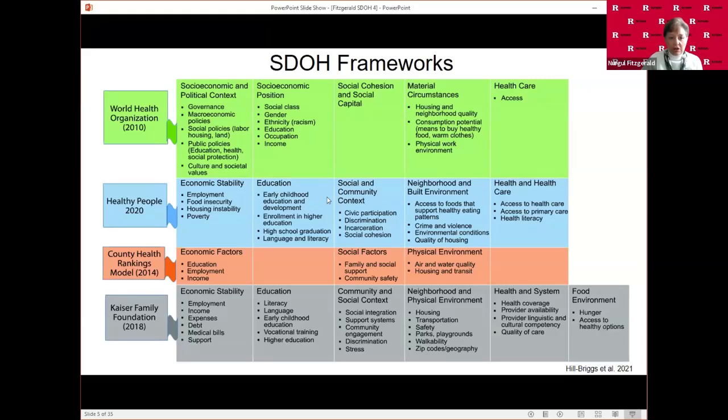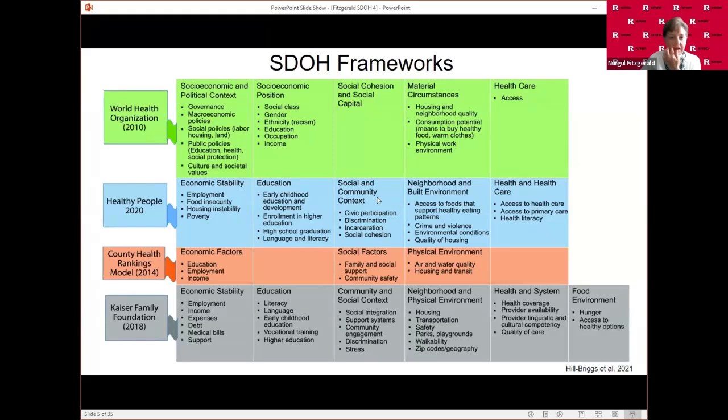So under each of these domains that we looked at in this slide and in the previous one, for example, economic stability can include things like employment, food insecurity, housing, poverty indicators. Education can include early childhood education as well as adult literacy levels, high school graduation as indicators, language and literacy levels.